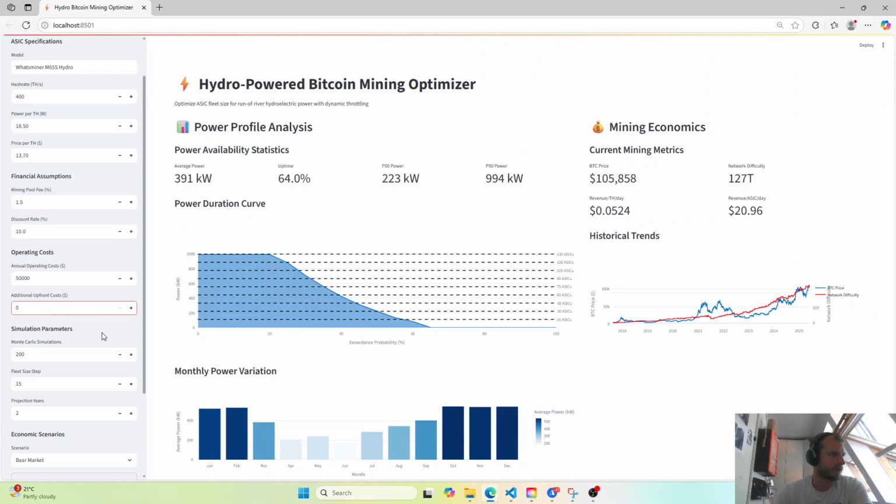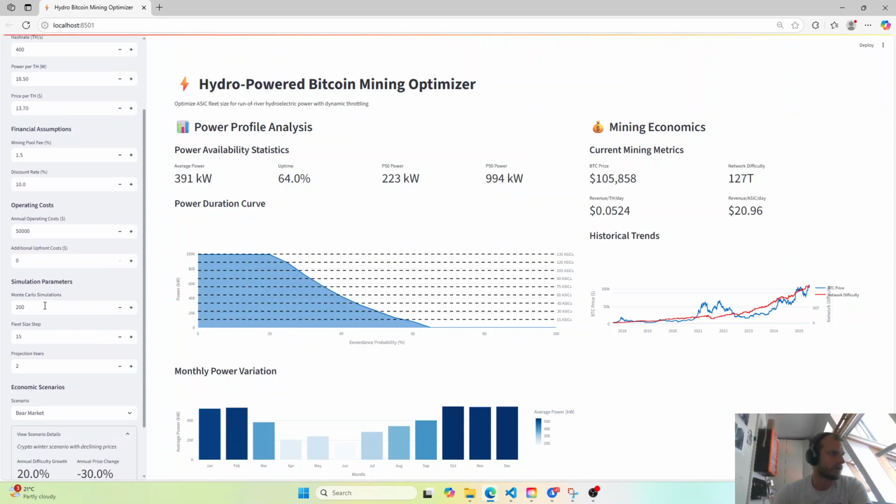Any additional upfront costs. That's the specific Monte Carlo part. We can increase it to 2,000 simulations to be even more precise. This is not so important, but I'll explain it later. And the projections of 5 years, we can do as well.